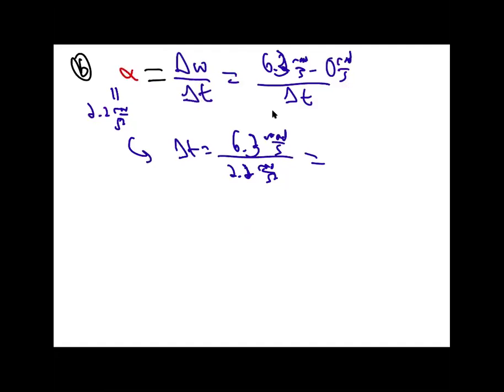The seconds become just seconds, and we get 6.3 over 2.2 is just about 2.86 seconds. It's actually okay. Some people who solved it did B first and used that to get theta, and that's okay. So hopefully that had everything that you wanted on that.